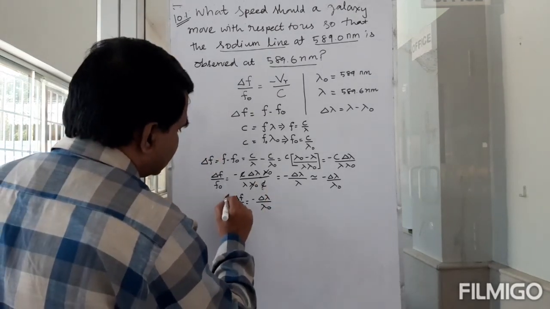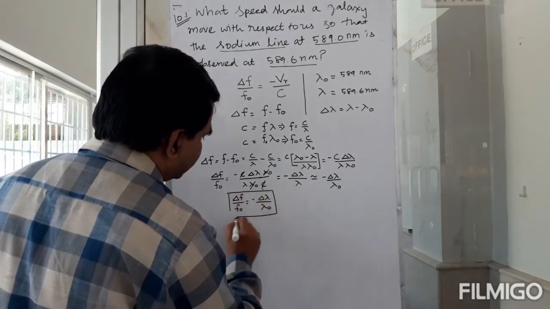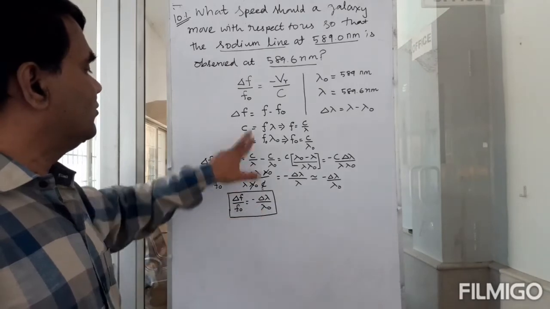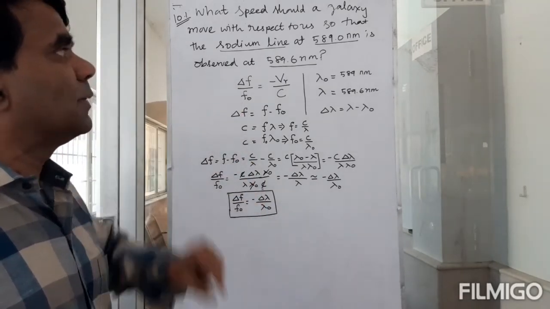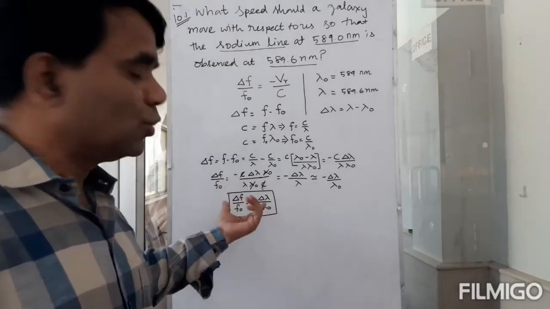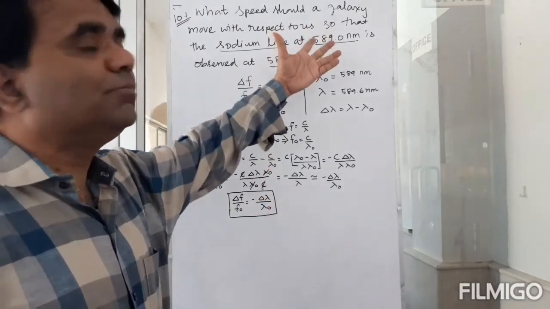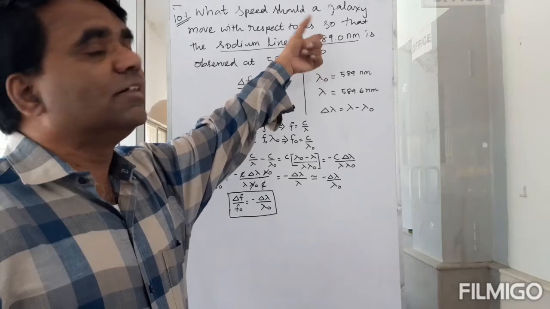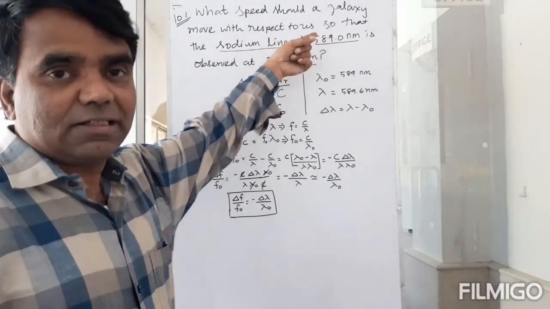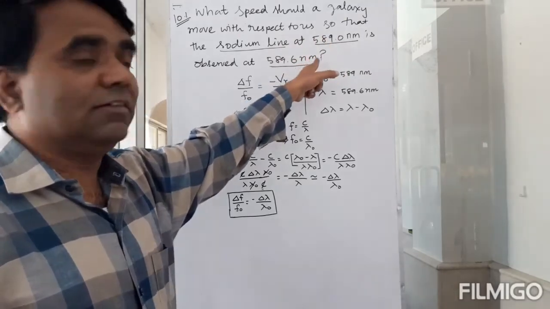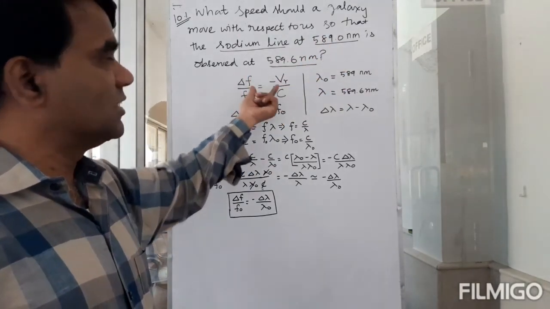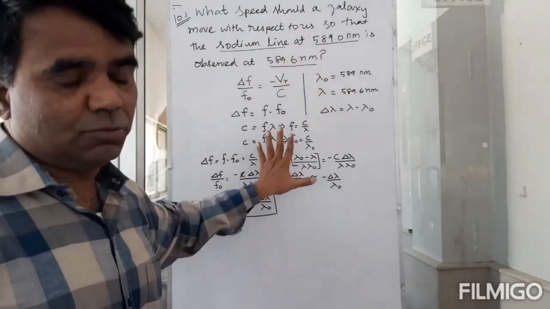So this is expression 8. What I have done is I have expressed this in terms of wavelength. The other way to do it, if you don't want to do it this way, would be to simply convert that into frequency. They have given you lambda, so find F naught and then F, find delta F, and use this expression straight away. You can do it that way also.